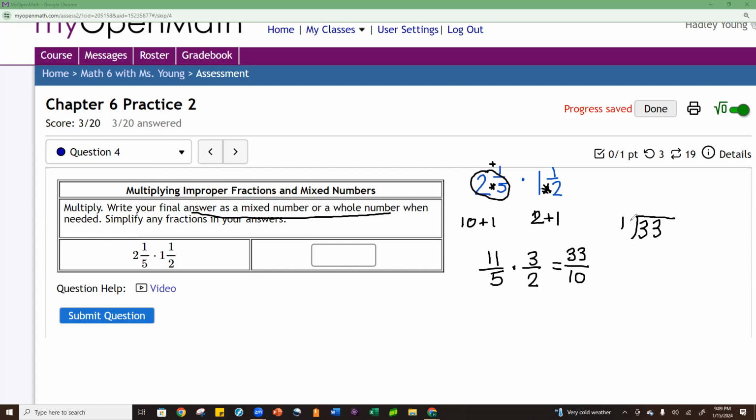So I'm going to see how many 10s go into 33. I know no 10s go into 3, so I'm going to do how many 10s go into 33. 3 times 10 is 30. Do subtraction. I get this as my remainder. Sometimes I would write it as a remainder. For this, I'm going to put it here, and my denominator is 10.